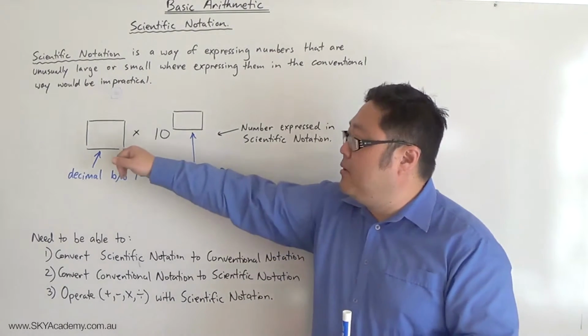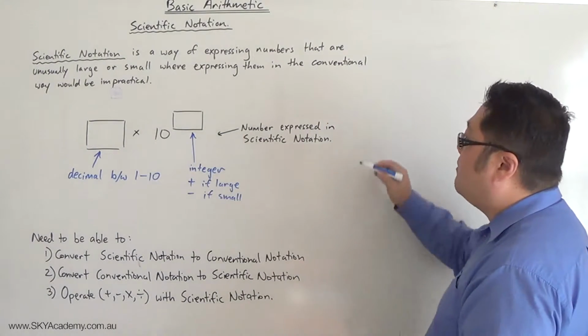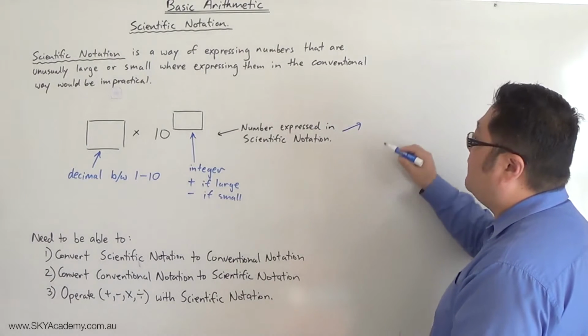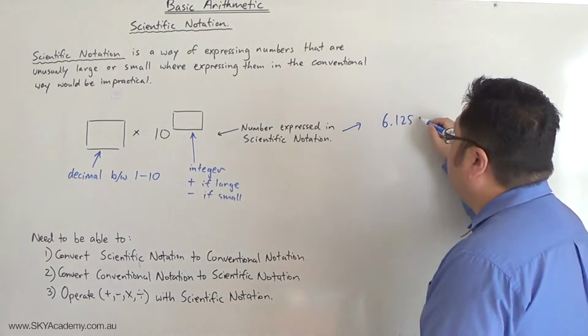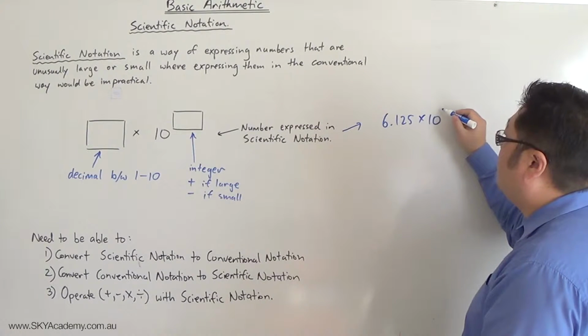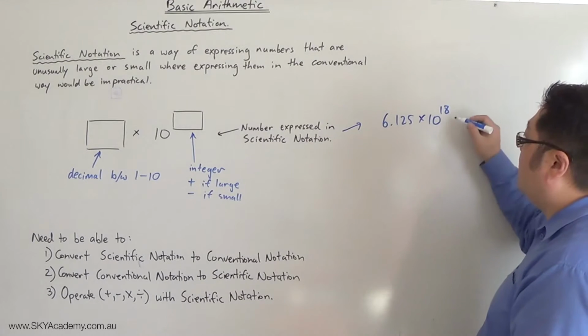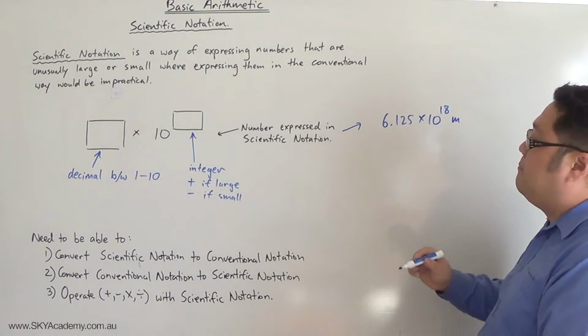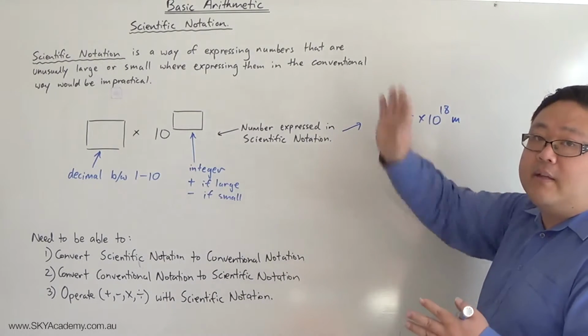I'll give you an example of a number in scientific notation. You might have, for example, 6.125 times 10 to the power of 18. That might be meters, for example the distance between here and a star or whatever.